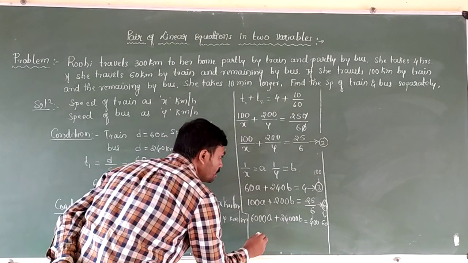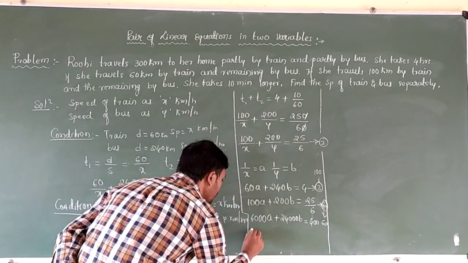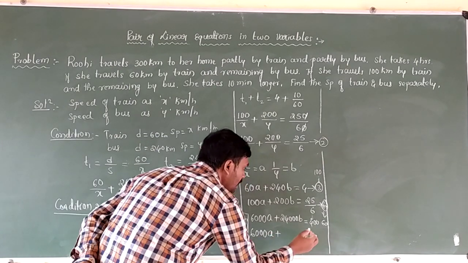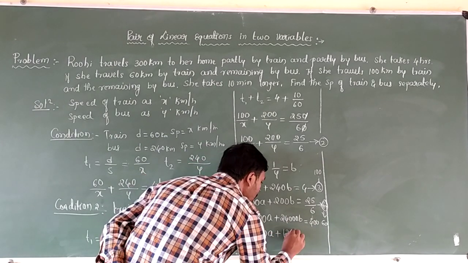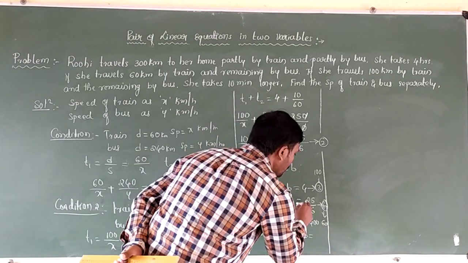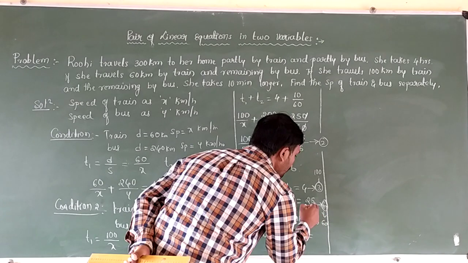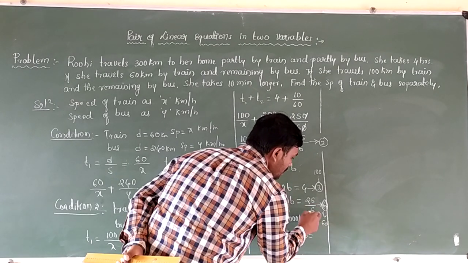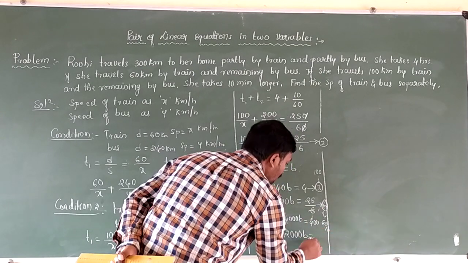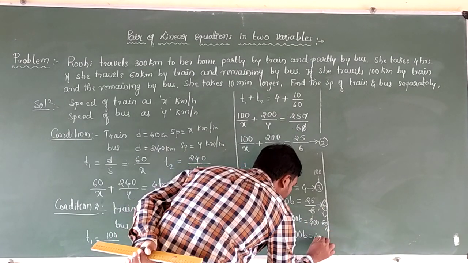And the second equation, multiplied by 60, becomes 6,000a plus 12,000b is equal to 25 by 6 into 60, which is 250.